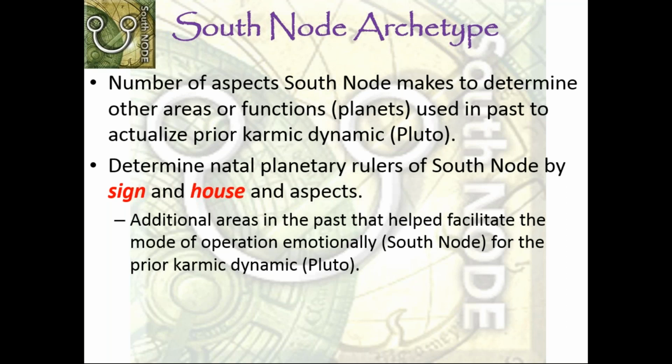You look to the rulers of the South Node by sign and house, and you can even look at those rulers' aspects to fill in even more detail of how the ego operated on emotional levels in the past.